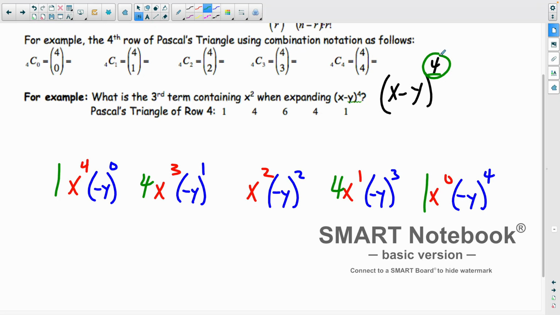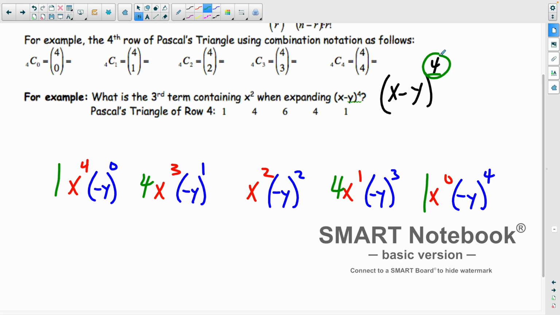Where's this 0, the 1, the 2, the 3, the 4 coming from? Looks like the y value. Could it be the x? Yes, if I count it backwards. Same thing. And so the number on top gives me the total amount, and the number on bottom is giving me the specific term, which one it is, and I can pick either of the 2 exponents there. Don't add them together. I'm going to pick one or the other.